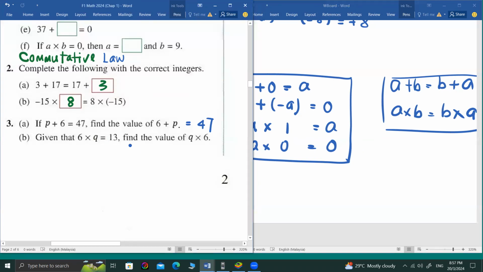Okay, now what about here? 6 times Q, 13. Q times 6? Yeah, 13. What law is this? Commutative law. This is what we call commutative law. Got it, all of you? Yeah.